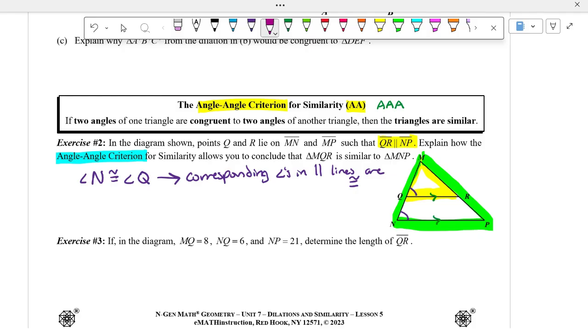R and P. Good. And why are those two congruent? So angle P is congruent to angle R. Why? What are those two angles? What's the relationship? They're on parallel lines again. They're corresponding.